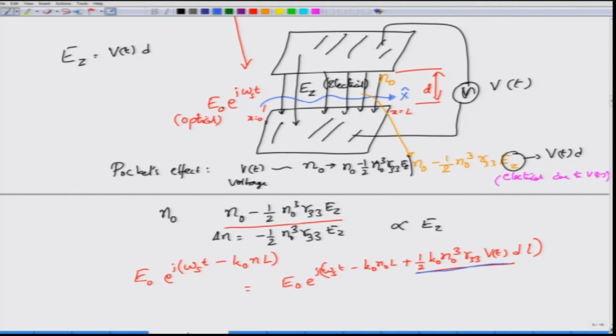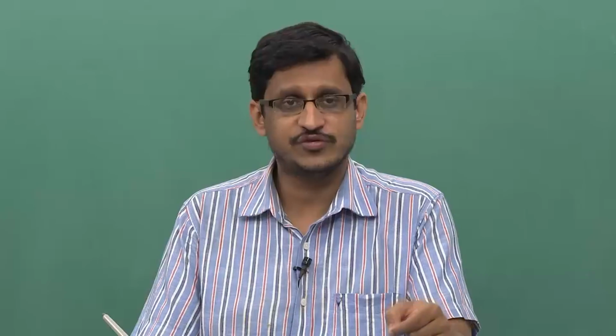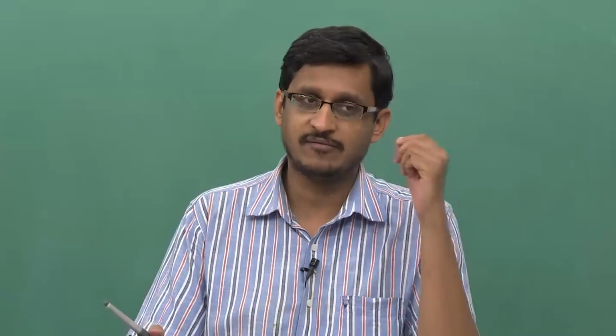This is very crucial. If V of t is equal to 0, this corresponds to having applied no voltage and hence no electric field. So, this term would be vanishing. So, there is just a constant phase shift, there is nothing you can do, just happily go home without constructing a phase modulator. But now you have a situation where your phase is varying with time because you have applied a time varying voltage V of t and managed to introduce a phase shift into the optical wave itself.